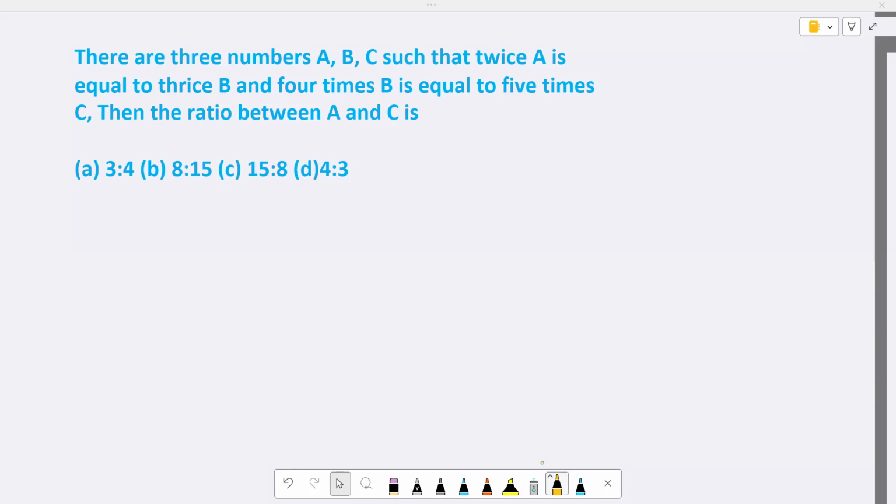Now, this is the next question that we have, and these questions are asked in different ways. For example, here we are not given the ratios directly, but we have been given the relation between these entities, like twice A, thrice B, and 4 times B is equal to 5 times C. So we have been given the relation in terms of times and not directly the ratio in numbers.